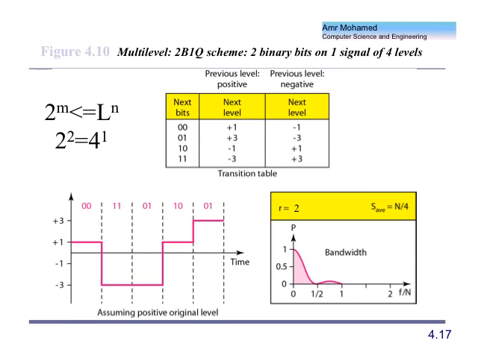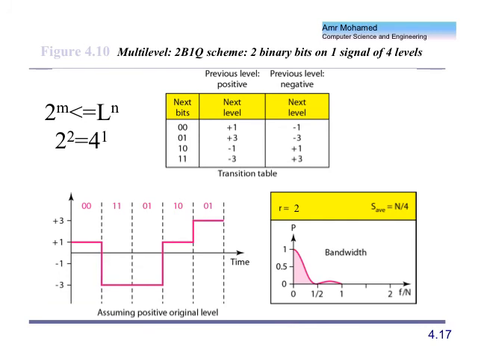R is 2, which means 1 over R will be 1/2, multiplied by the C factor, which is 1 over 2 again. So I end up with a baud rate of N divided by 4. So the minimum bandwidth is drastically reduced. So this is the advantage here.